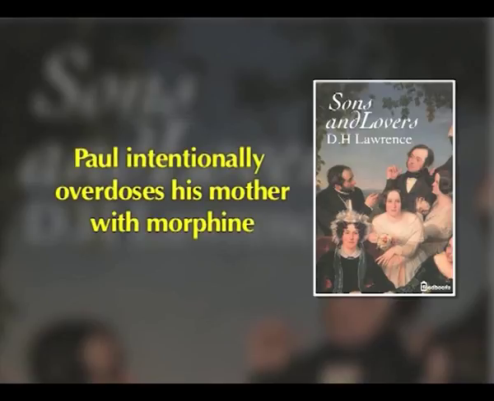He was trapped. He was sandwiched between his mother and his girlfriend Miriam. Finally, he takes an extreme step. He intentionally overdoses his dying mother with morphine, but also subverts his Oedipal fate, since he does not kill his father, but his mother.